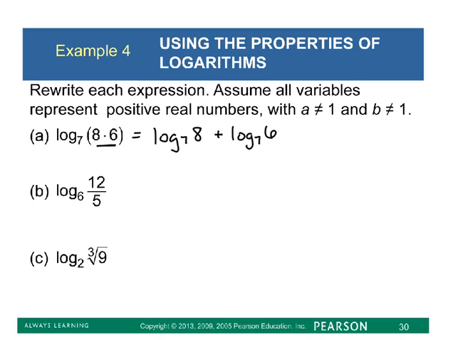And that's how you expand it. Same way with this one, these are being divided. So it's kind of the same way. So log base 6 of our numerator minus log base 6 of what's in the denominator, 5.